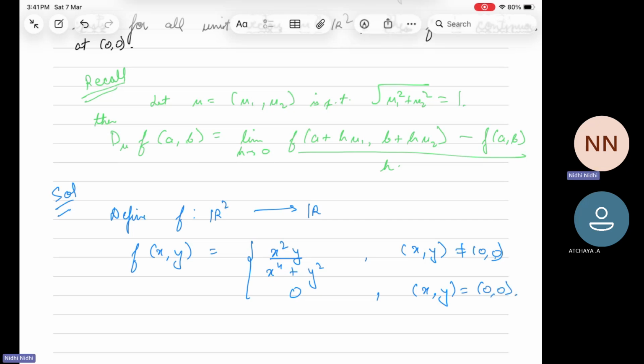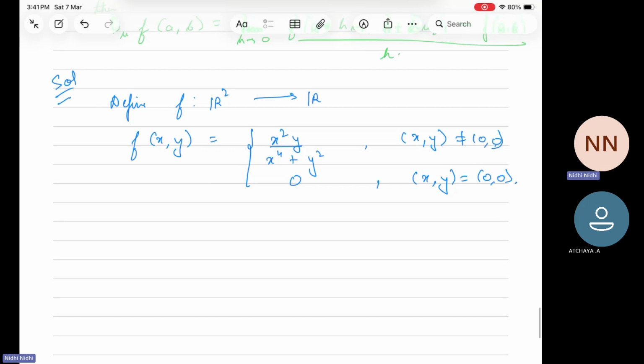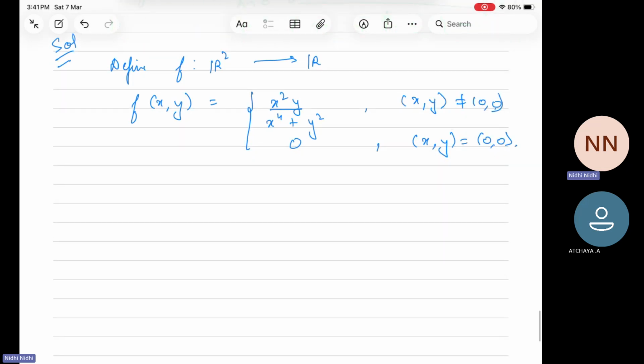So let's start with the continuity of the function f at the origin. So firstly we'll check the continuity of f at the origin.